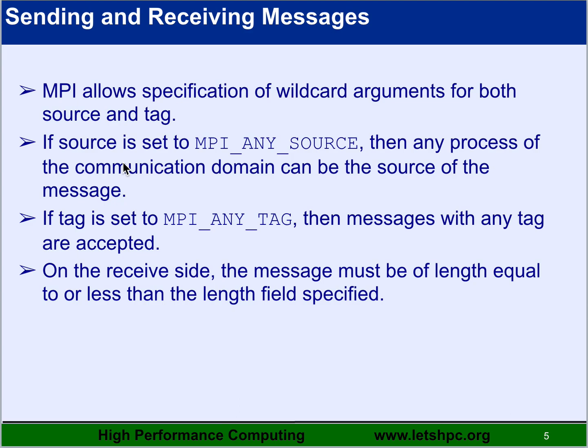Then any process of the communication domain can be the source of the message. Similarly, if we set the tag as MPI any tag, then messages with any tag are accepted. On the receive side, the message must be of length equal to or less than the length specified. Otherwise, there can be errors.